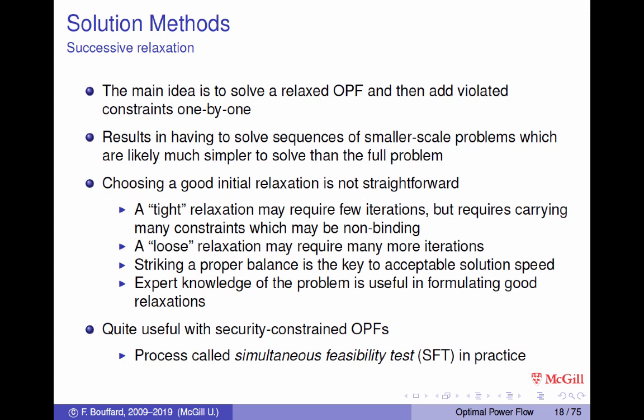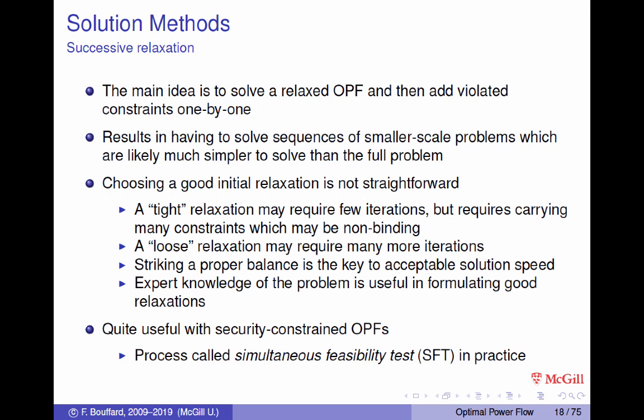This is extremely useful, and it's actually used in practice. In the United States they talk about the simultaneous feasibility test. A very good example is that the economic dispatch is a relaxation of an optimal power flow problem.